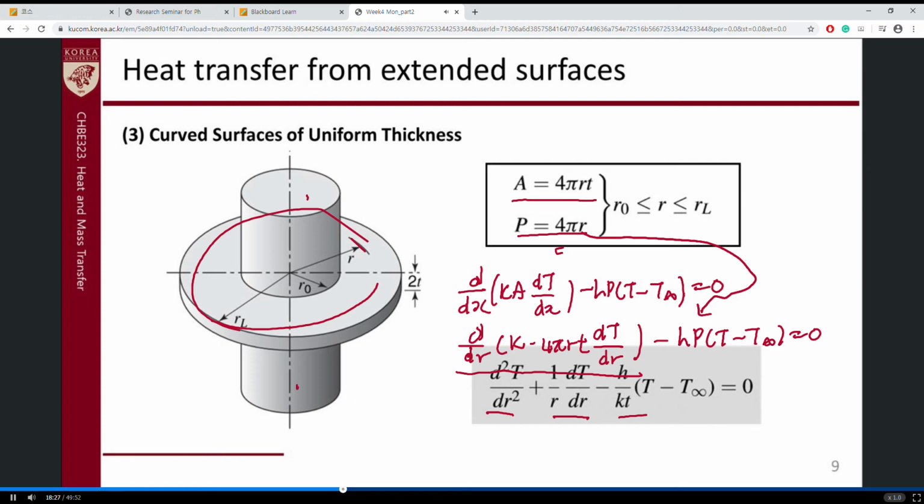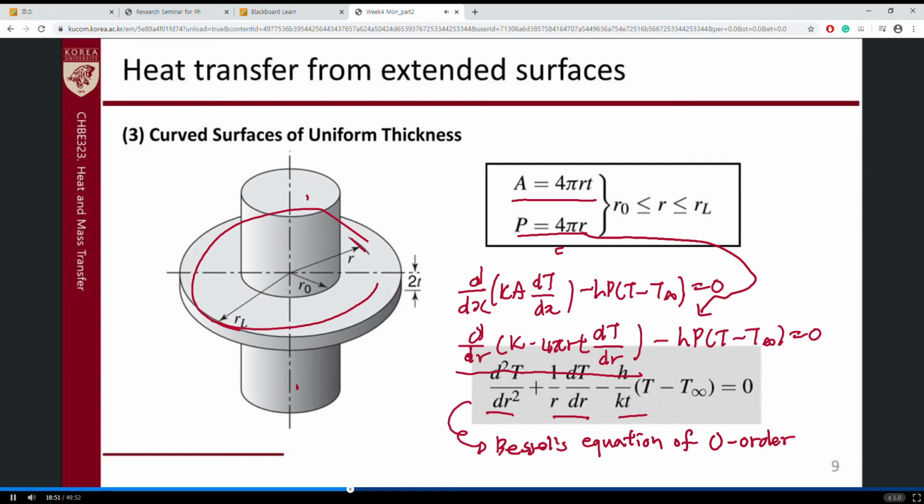All right. So we call this Bessel's equation of zero order, okay?